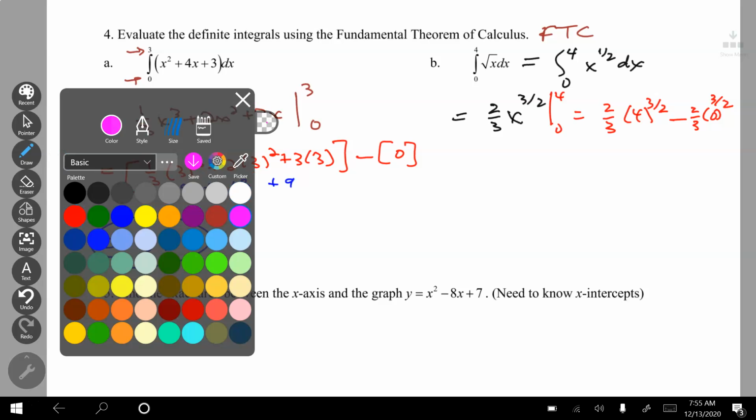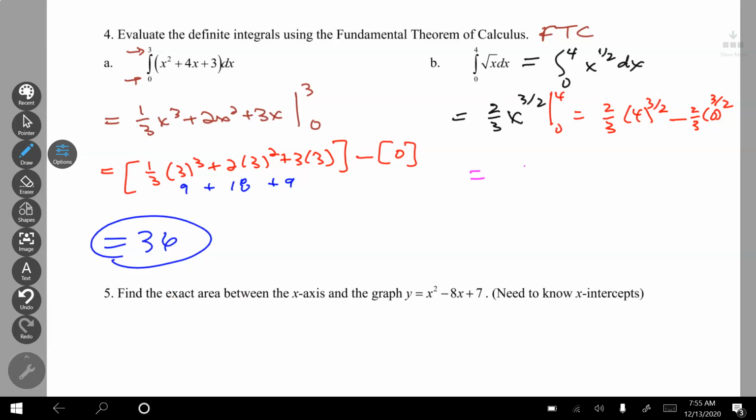And when I plug in upper minus lower, well, 4 to the 1/2 is 2, to the 3, that's 8. So I get 16 over 3 minus 0, which is just 16 over 3. That's what I get for that one. Not so hard. It's just a bunch of plugging in numbers.